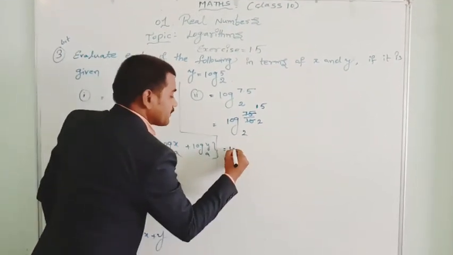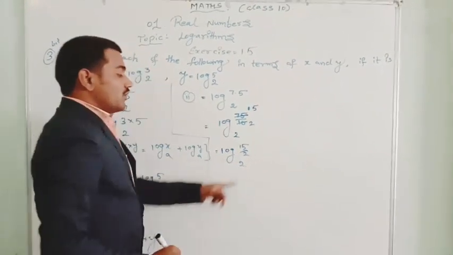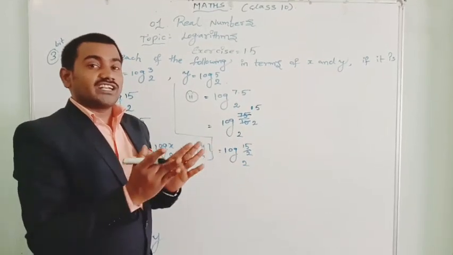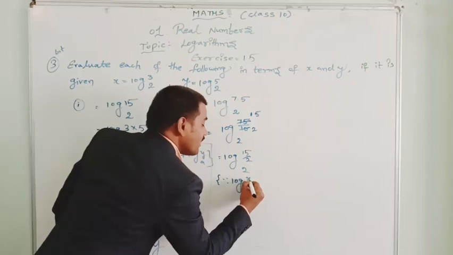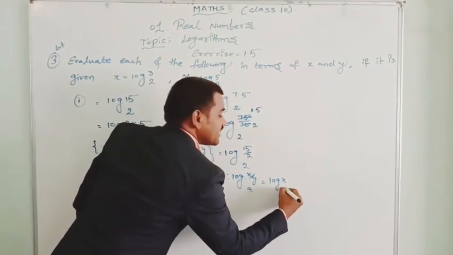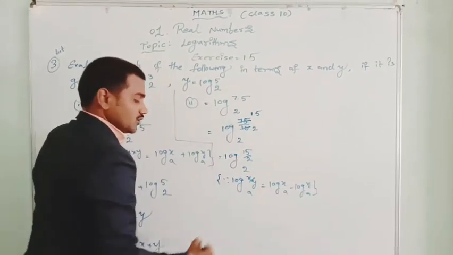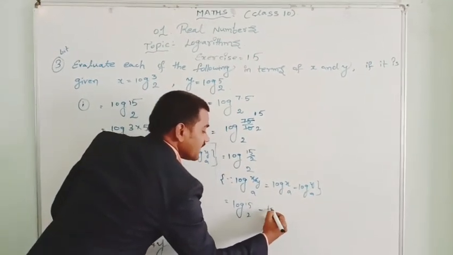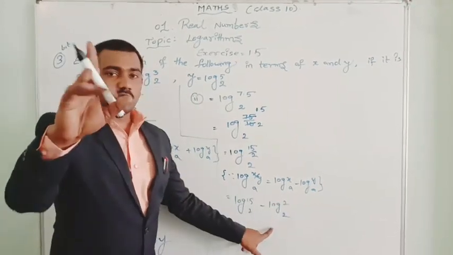So let's see, log 15 by 2 base 2. Now the value in the log is 15 by 2, that is x by y. Log x by y is in the form of log x by y base a, so let's change it to log x base a minus log y base a. So we can change this now to log 15 base 2 minus log 2 base 2. Then log 2 base 2 equals 1.